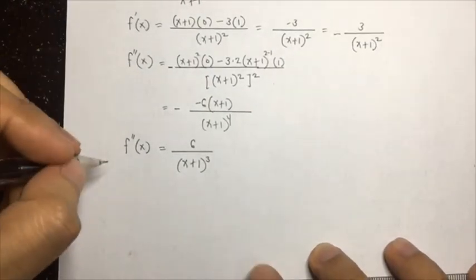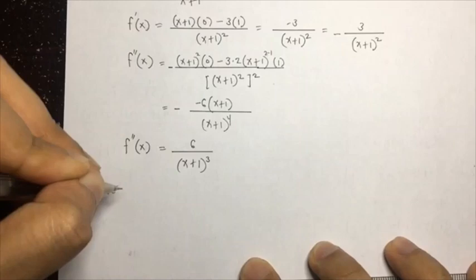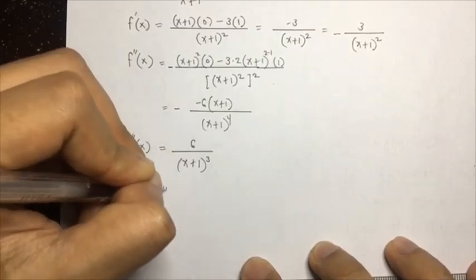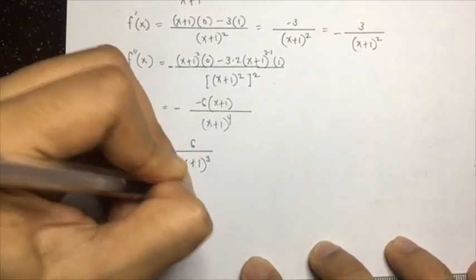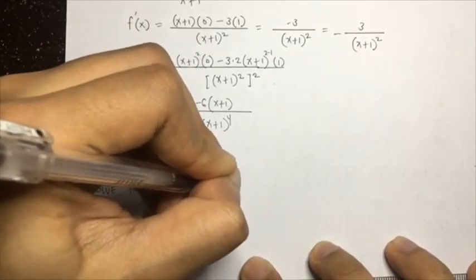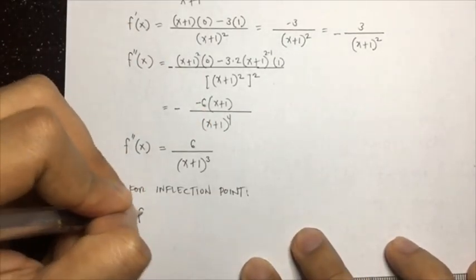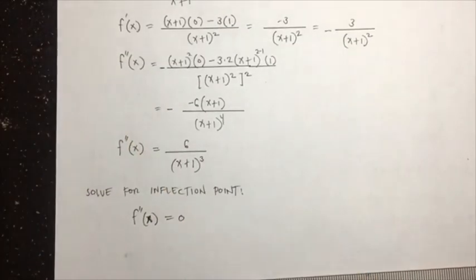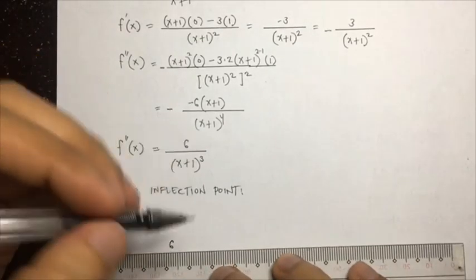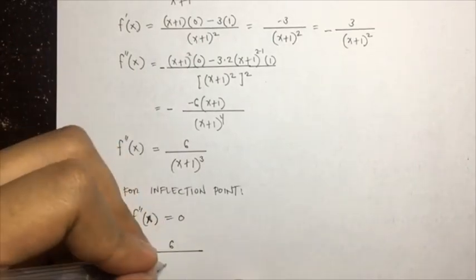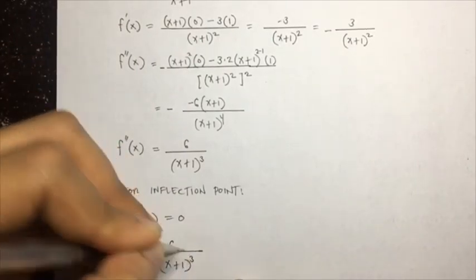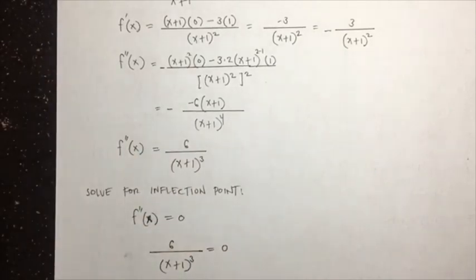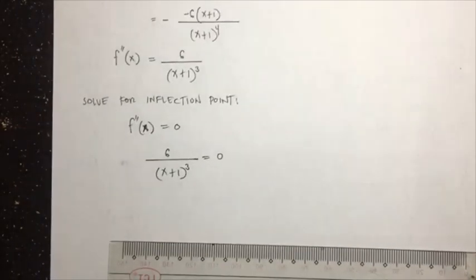So therefore, solving for the inflection point, at the inflection point the second derivative is equal to 0. Therefore 6 over x plus 1 cubed is equal to 0.